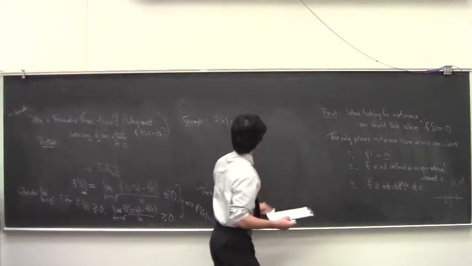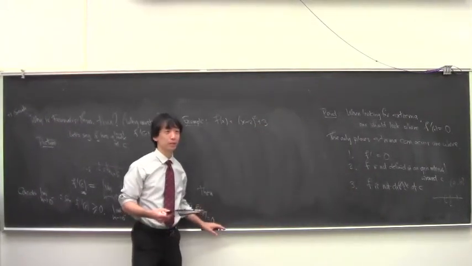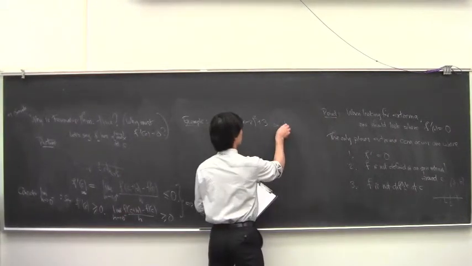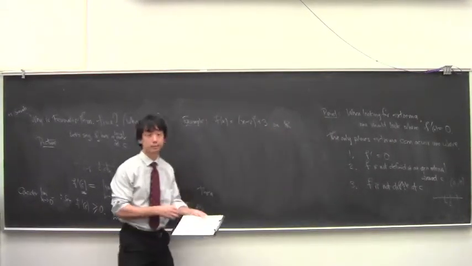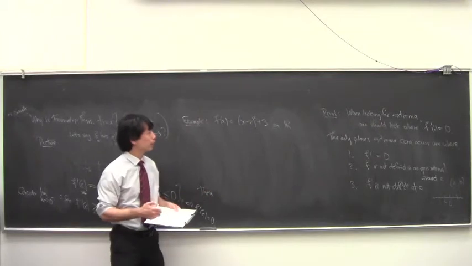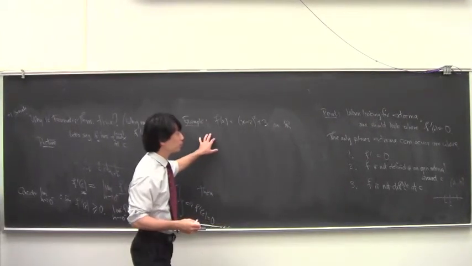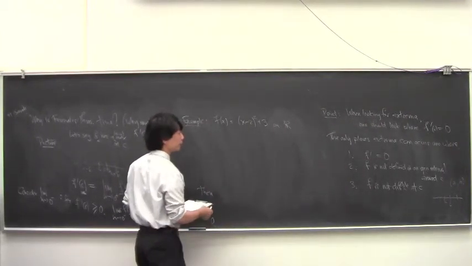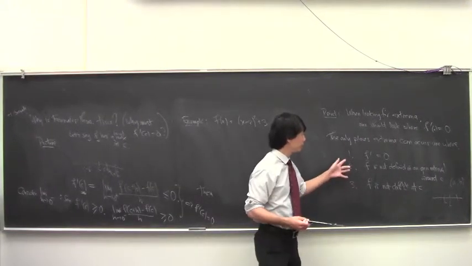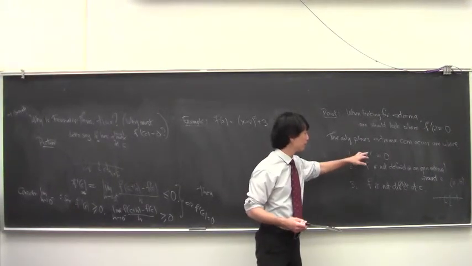Well, no, actually, let me just do it without the interval, so on the whole line. Okay. So we say, well, we need to find these 3 sorts of places, right?